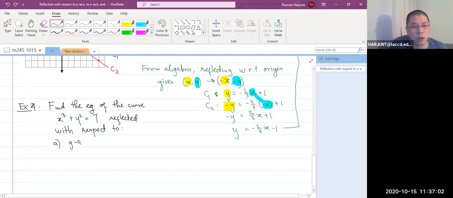With respect to the y-axis, what is the resulting equation?